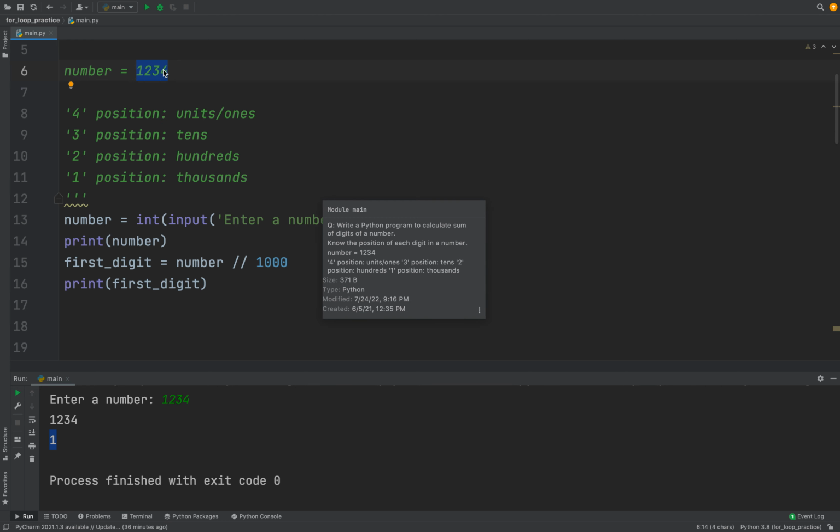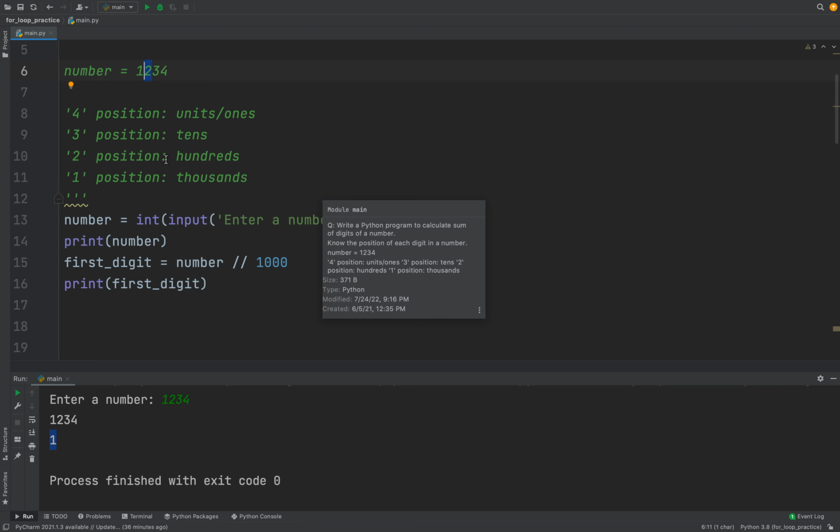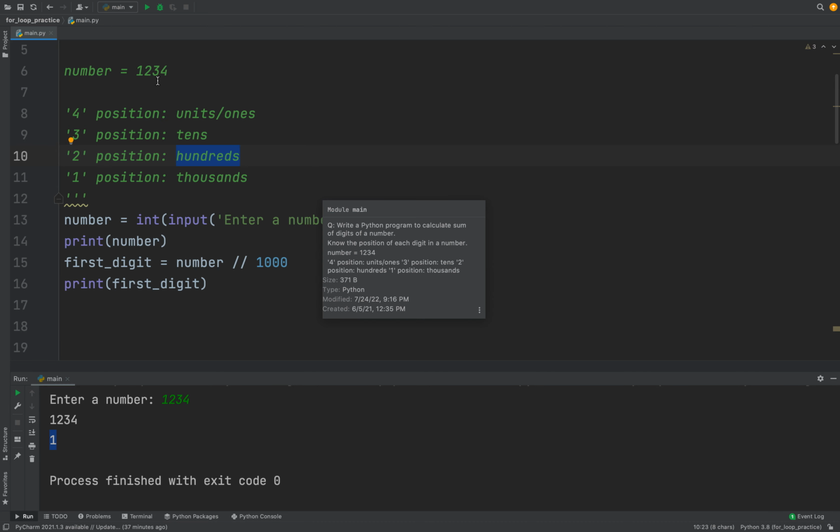If I take 1000 out of it, I can come up with 234, and then I can divide it by 100, because digit 2 is located at the hundreds position. In that case, it gives me 2.34. Then I can round it down and get just 2.